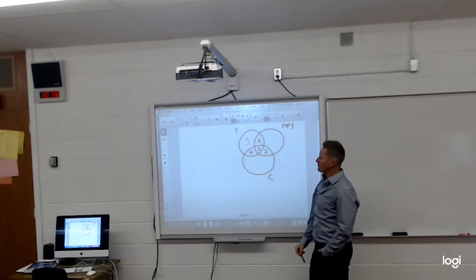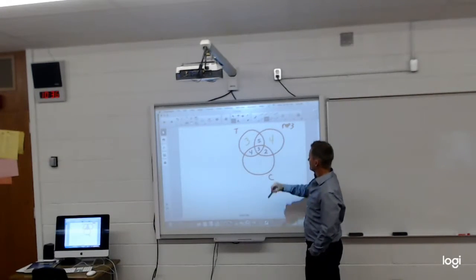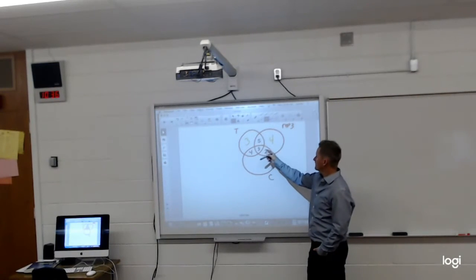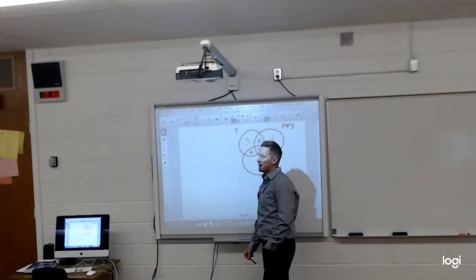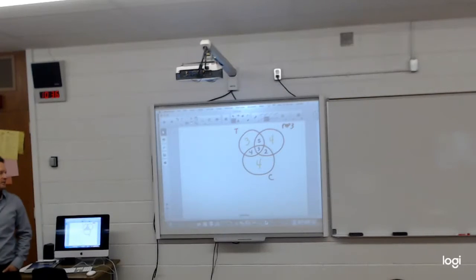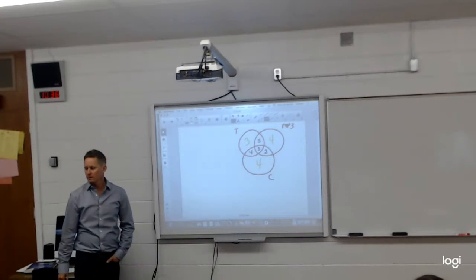How many MP3 players did I have? 14. 14 minus 10 is 4. How many cell phones? 13. 13 subtract 9 is 4. So how many students had just a tablet? 3. Just an MP3? 4. And just a cell phone? 4.